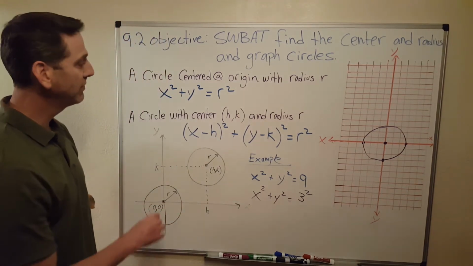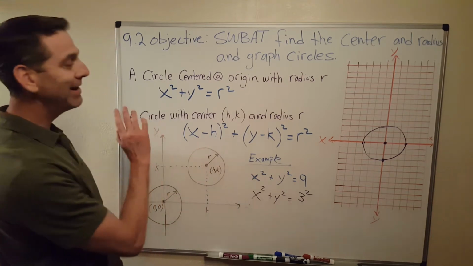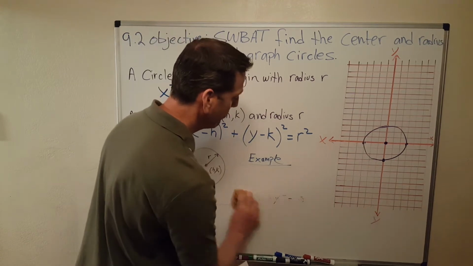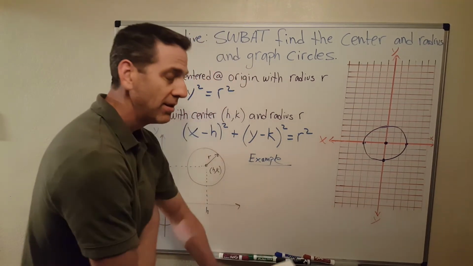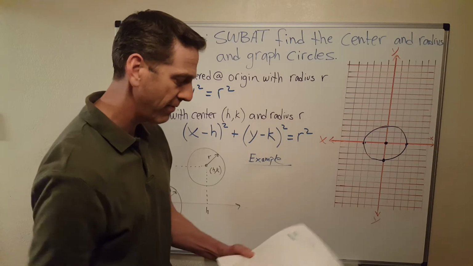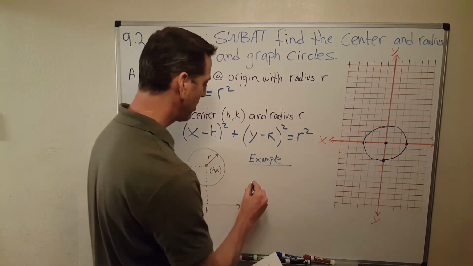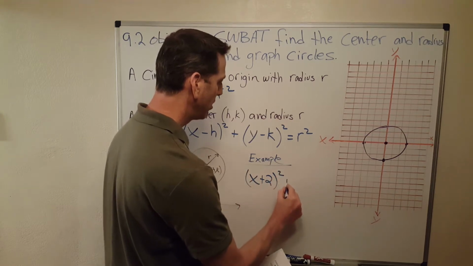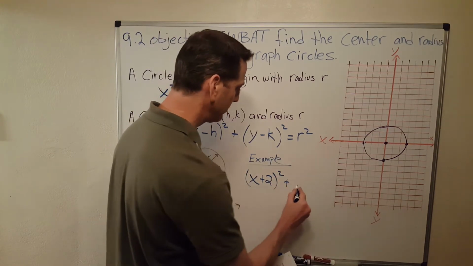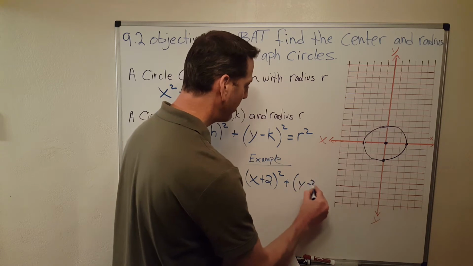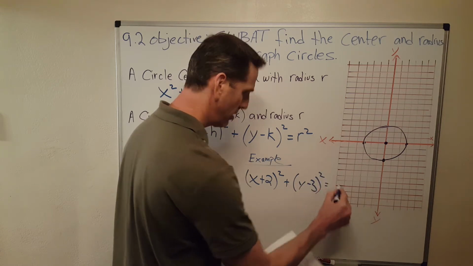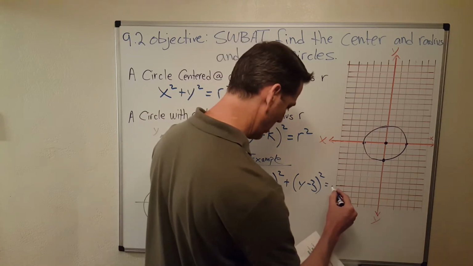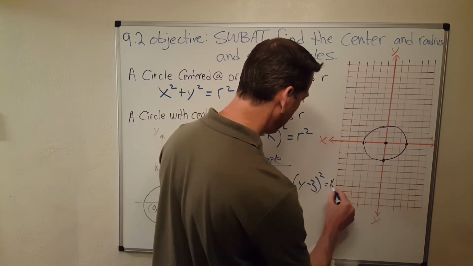But what happens when it's not centered at the origin? Let's take a look at another example. Let's say I have x plus 2 squared plus y minus 3 squared equals, let's say, 16.